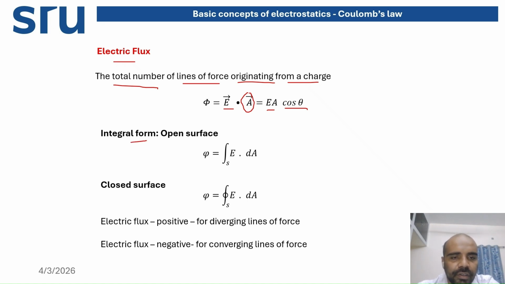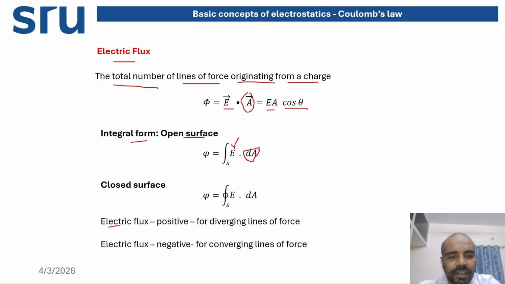So if you try to write it in integral form, the total flux phi equal to the integral of E dot dA, where dA is the area and E is the electric field, right? For a closed surface, it is the closed integral of E dot dA.